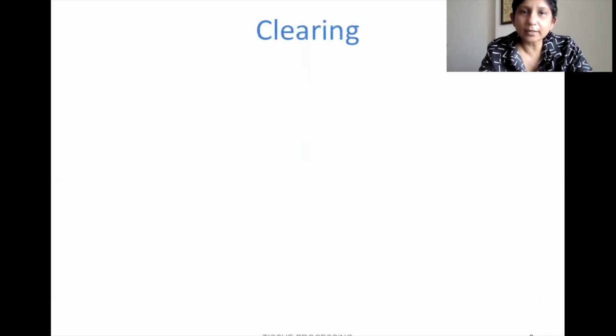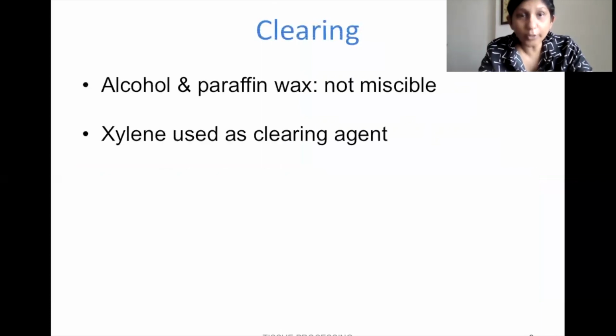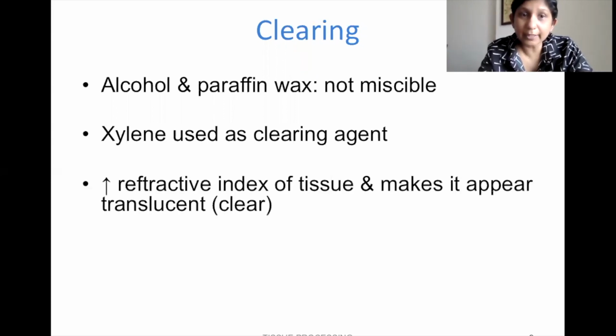The next stage is called clearing. Now, clearing is where you use xylene. As I said, xylene is miscible both in alcohol as well as in paraffin wax. The best part is that when you use xylene, it clears out the alcohol and lets the paraffin enter in the next stage. So that is called a clearing agent.